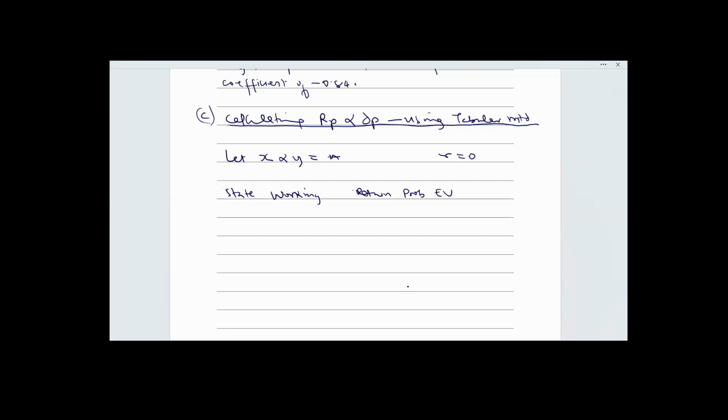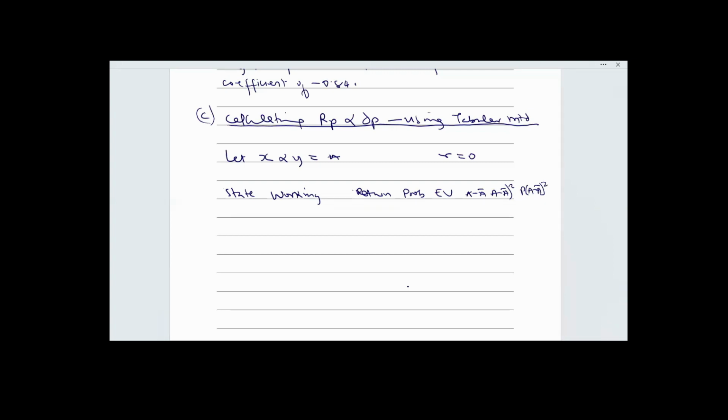After the expected value, you have A minus A bar, A minus A bar square, then P of A minus A bar square.